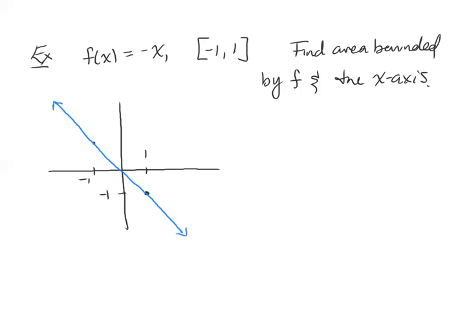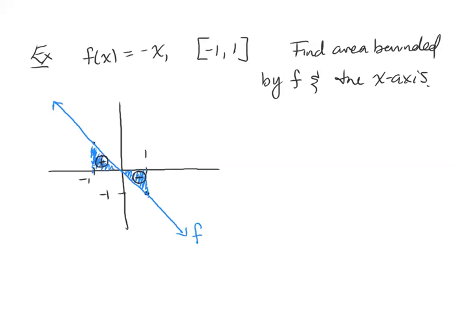And I'm considering the area bounded by that graph of f and the x-axis. So I'm considering this area and this area. Well, just generally speaking, from what I talked about above, if I use a Riemann sum to calculate areas, then this area on the left will have a positive value, and this area on the right will have a negative value. I can just say that by looking at it.